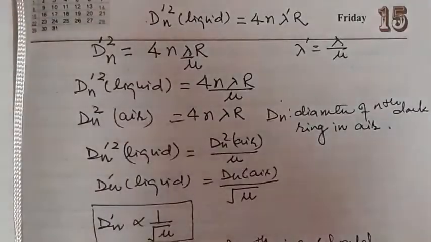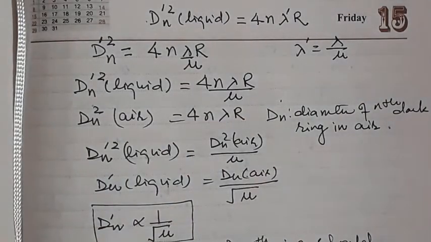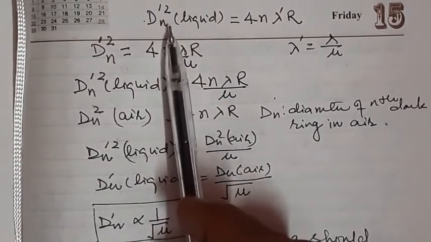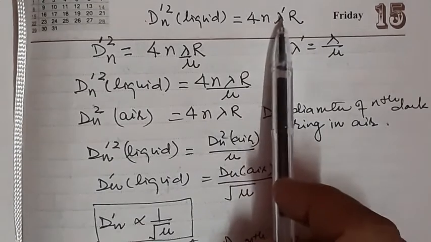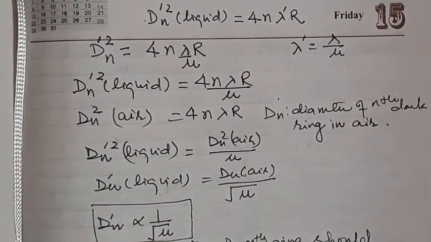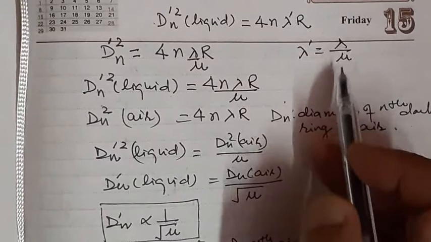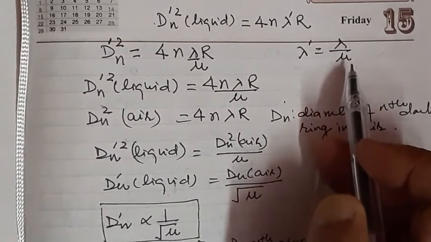Probably you may recall the expression for the square of the diameter: Dn dash square is equal to 4n lambda dash R, where lambda dash is the wavelength of the light in the liquid, and we have the relation lambda dash equals lambda upon refractive index.